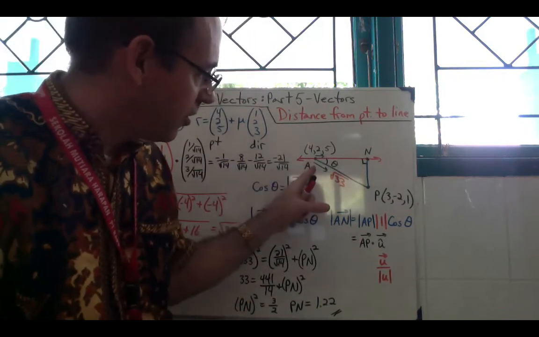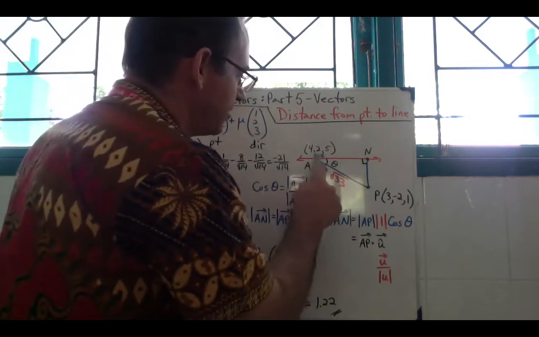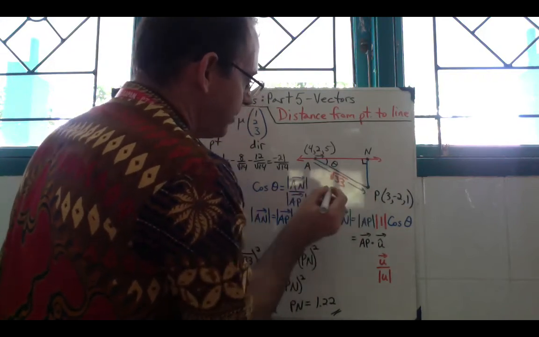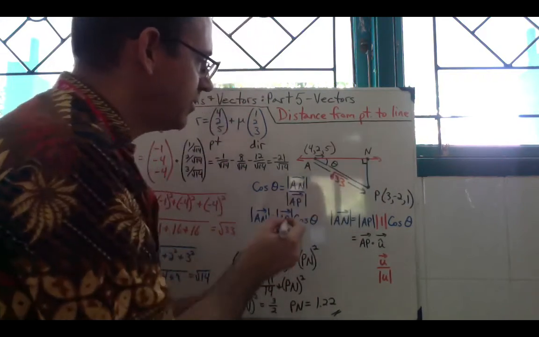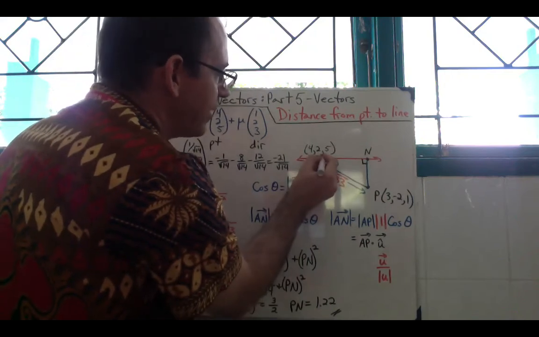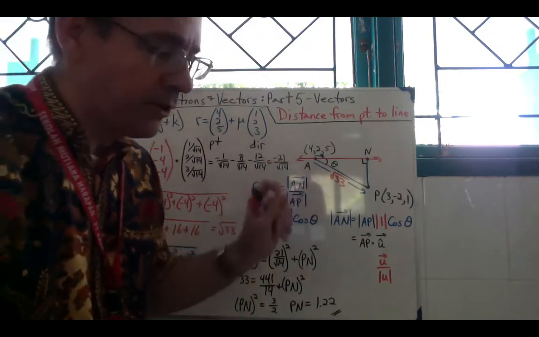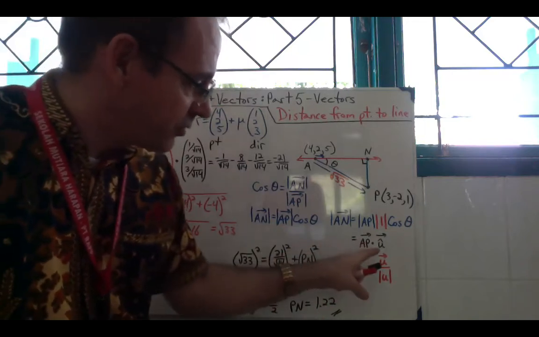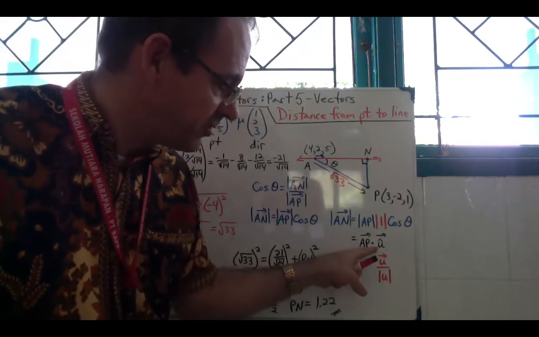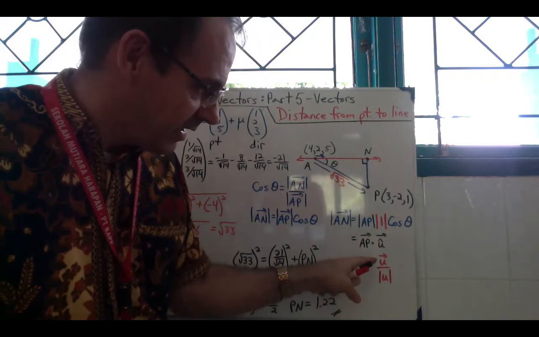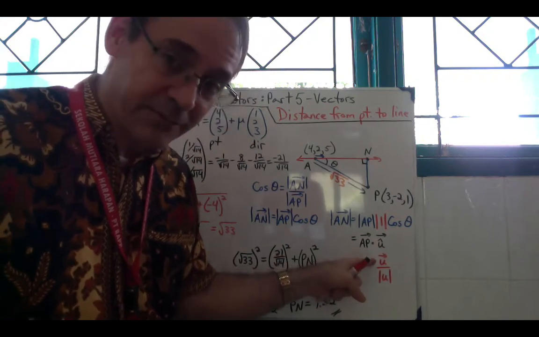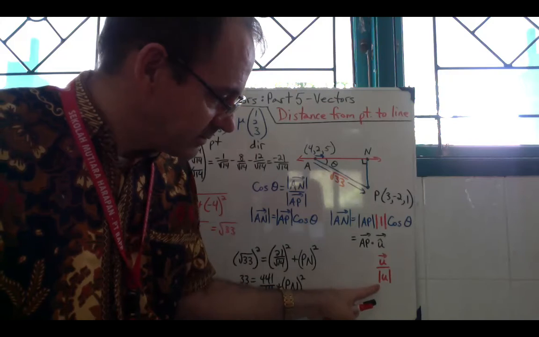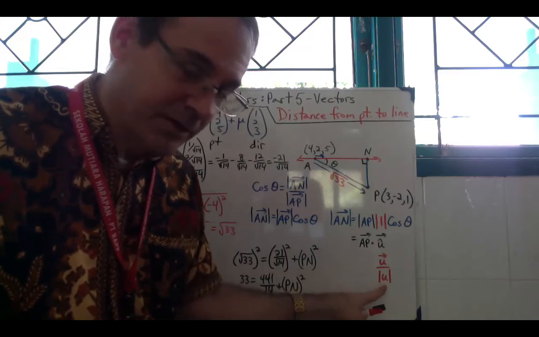Now AP goes all the way from A to P, whereas the unit vector goes in the direction that we want to go, but only one unit, because it's a unit vector. Also remember that your unit vector formula is the direction of the vector divided by the magnitude of the vector.